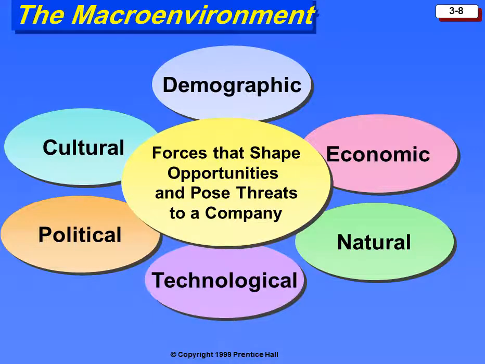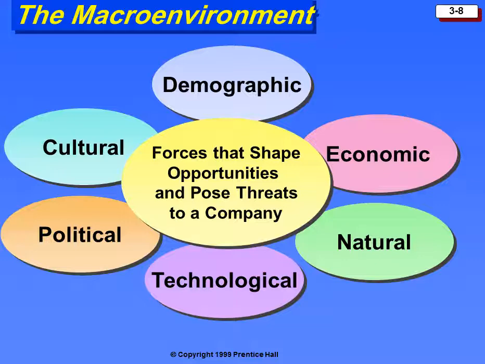The second type of the marketing environment is the macro environment. The company and all the other actors operate in a large macro environment of forces that shape opportunities and pose threats to the company. And in this figure, we show the six most influential forces in the company's macro environment.